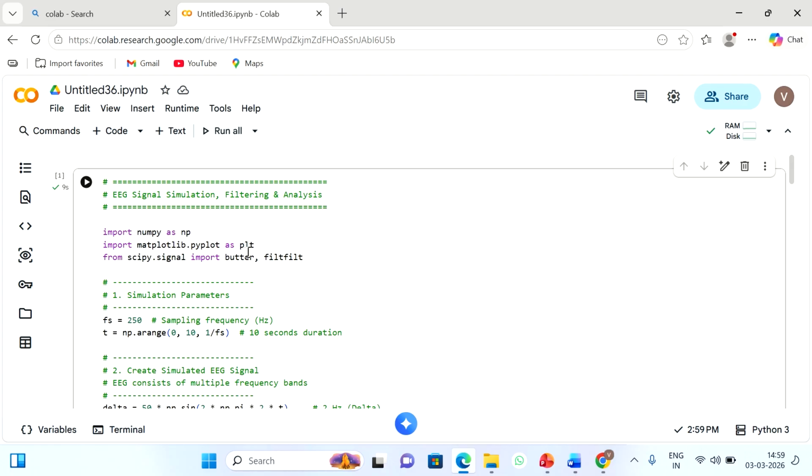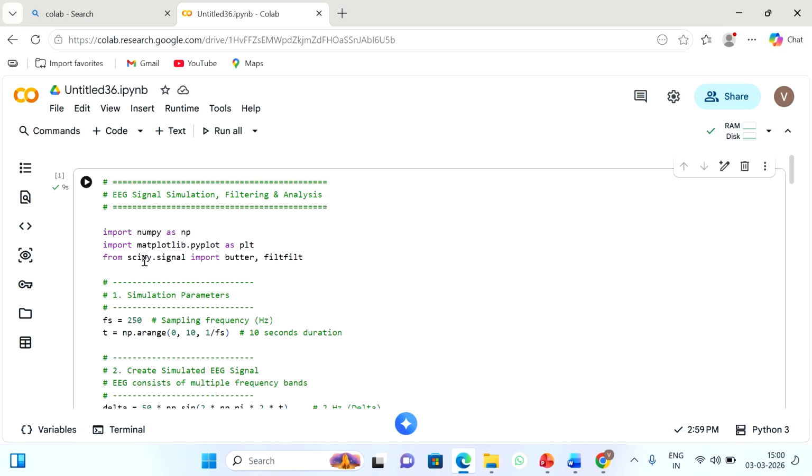Wherever we find plt, it indicates plotting. It is used to plot graphs, such as box plots, bar graphs or histograms. These are all the output waveforms which will be visible.